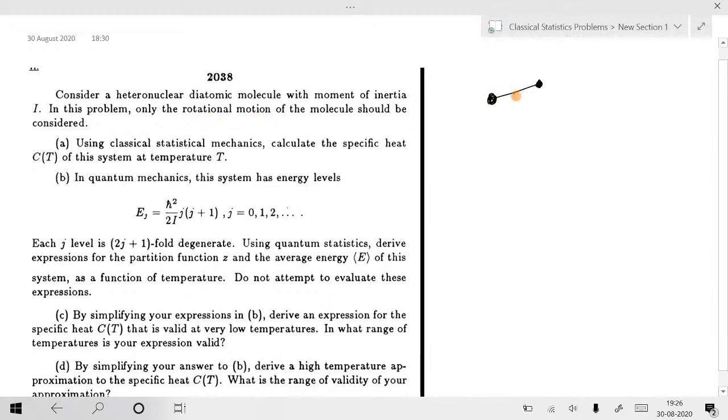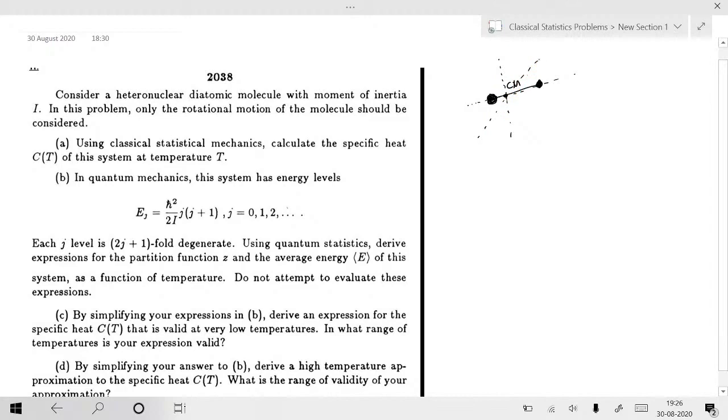Now, when you consider only rotational motion, you can take some center of mass. You can assume this whole molecule is rotating about some center of mass somewhere here. If you talk about rotational degrees of freedom, it will have only 2 rotational degrees of freedom, because if you consider 3 perpendicular axes, suppose this is the center of mass, and one more axis is perpendicular to that.